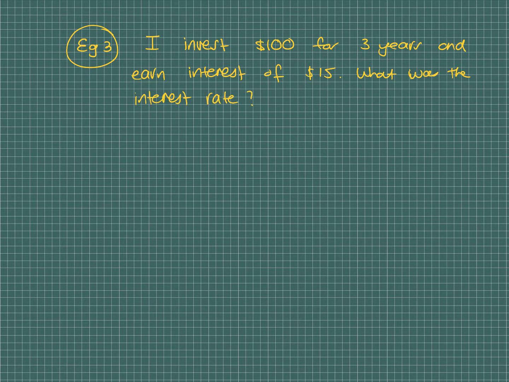So this is what I call a reversal question, because anytime I say interest and it doesn't say compound, I write down I equals PRN, because that gives me a starting point.